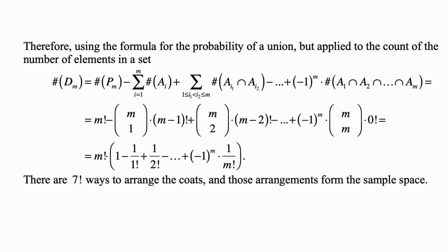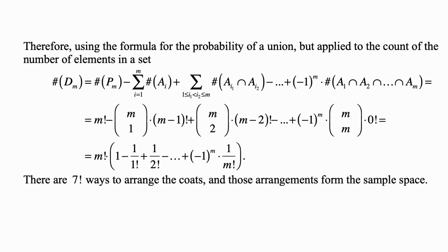So that's m factorial times 1 minus 1 over 1 factorial plus 1 over 2 factorial minus 1 over 3 factorial, and so on up to negative 1 to the m times 1 over m factorial.